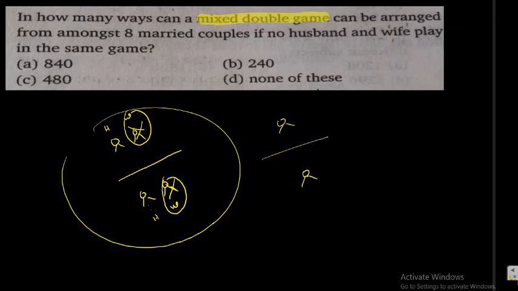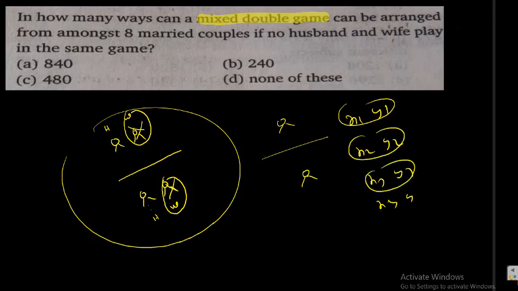For example, x1 y1, x2 y2, x3 y3, x4 y4. These are the couples, and so on up to x8 and y8. They want to play a game. Here x1, and here I have taken x2. So according to our game, here you can't take y1, here also you can't take y1.